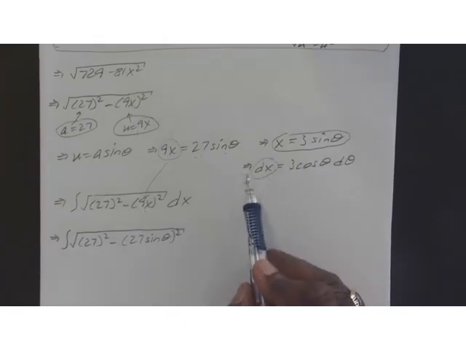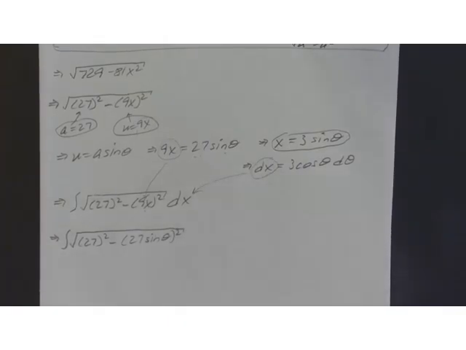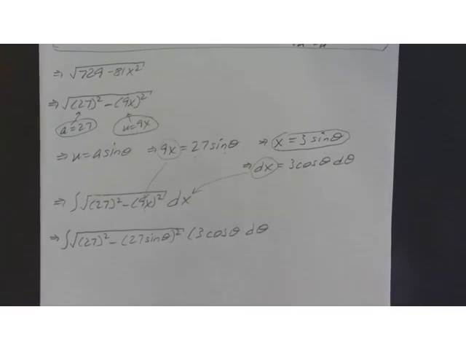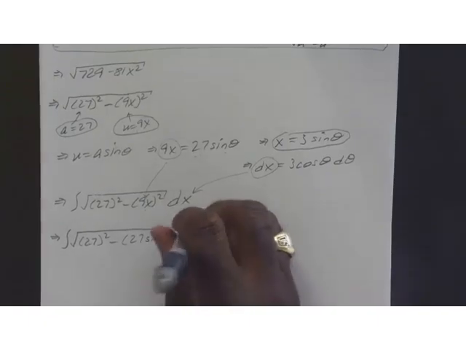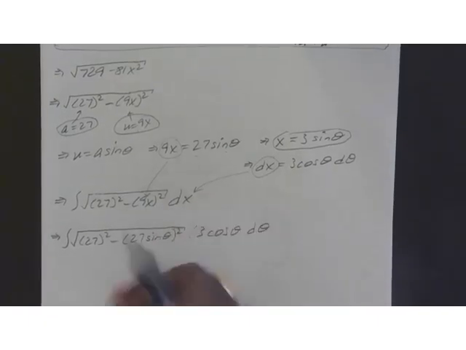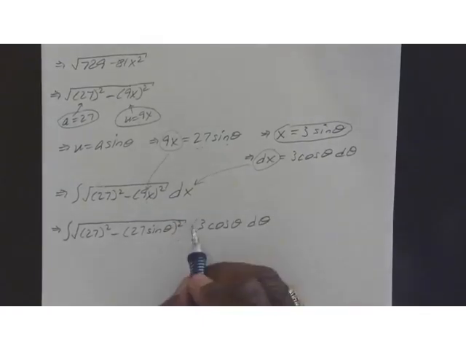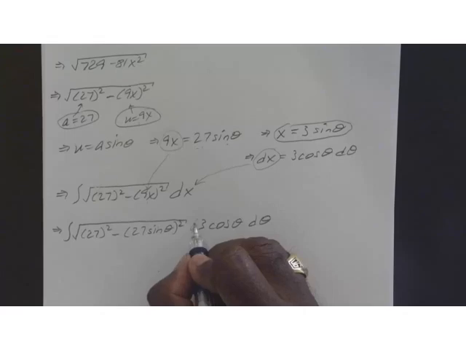Well, that dx, we can replace that too. So it's times 3 times cosine of theta with respect to theta. I don't really need the parentheses, I'll put the little multiplication dot.